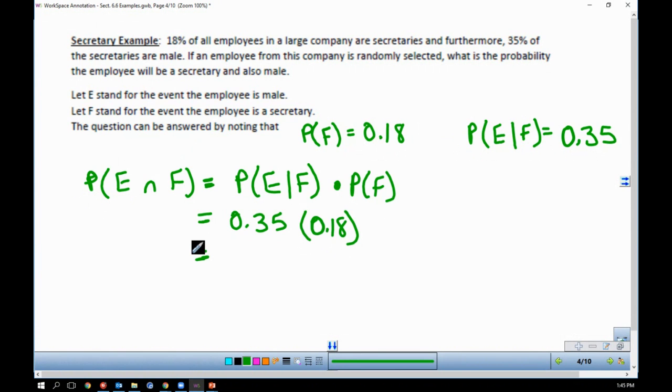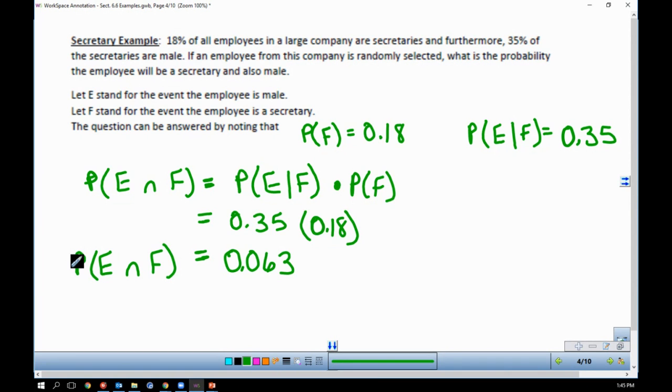What would that get you? Yep. So that's the probability of being a male secretary. I thought the question was asking for the or.